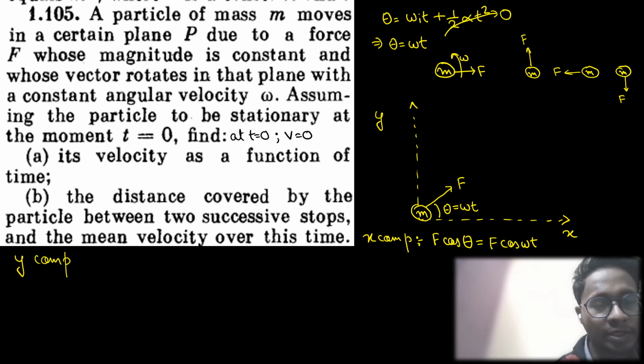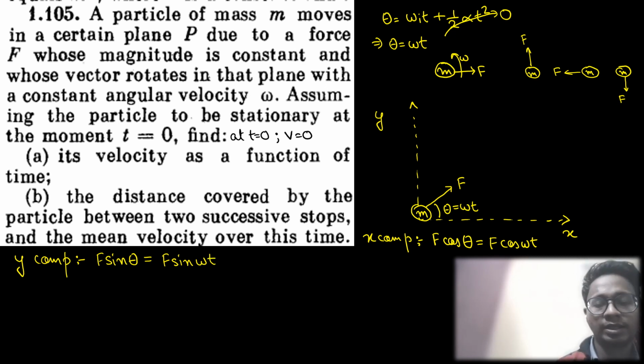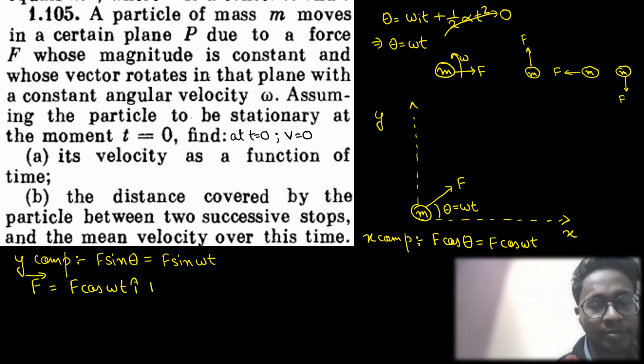The y component is f sin theta, or f sin omega t. The force is rotating in the xy plane only, so there is no z component. So can I write the force vector is equal to f cos omega t i plus f sin omega t j.